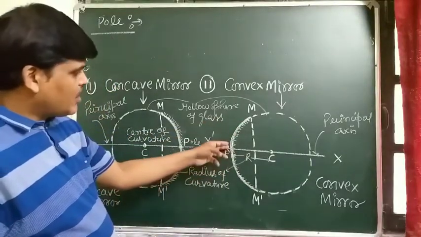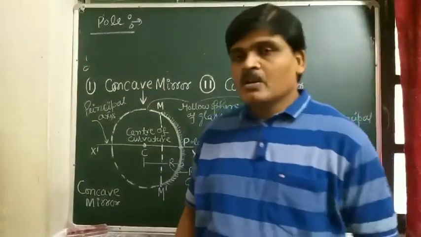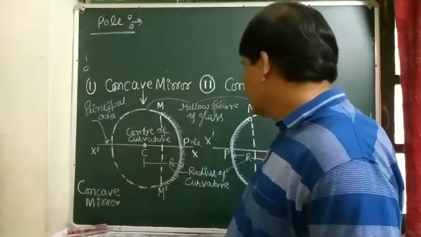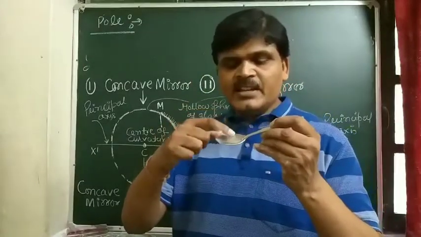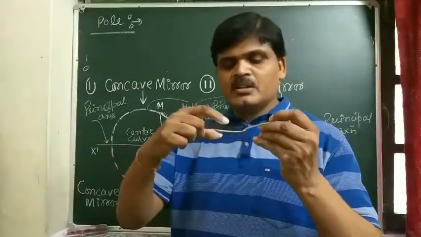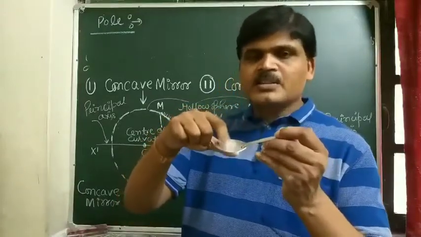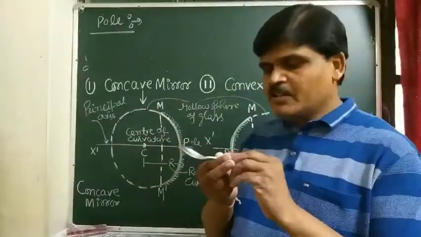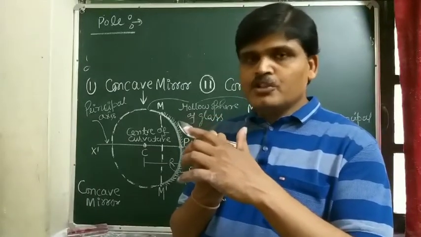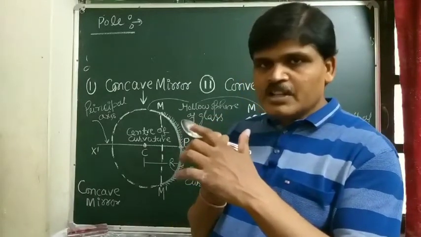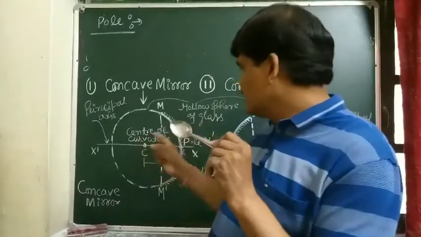the outward portion. And student, the best example of convex mirror and concave mirror is the spoon. The inner shining surface of a stainless steel spoon serves as a concave mirror.